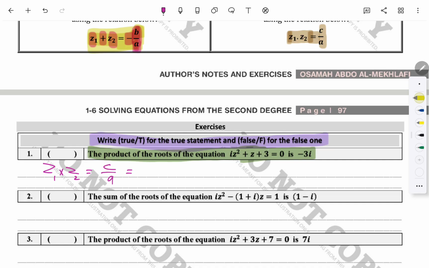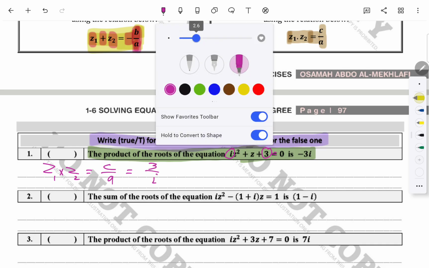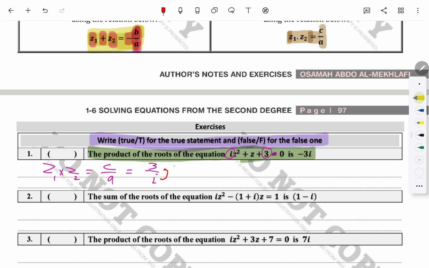C is the constant term and a is the coefficient of z squared. Be sure that your equation is equal to 0. So easily you can write 3 over i. Take this i from down to up and change the sign to negative 3i, and compare your solution with the answer given. It is not the same, so it will be false.